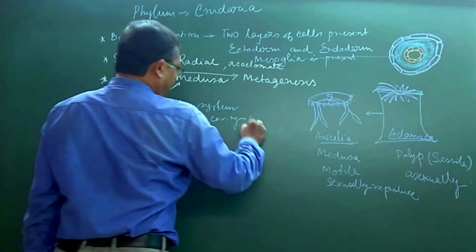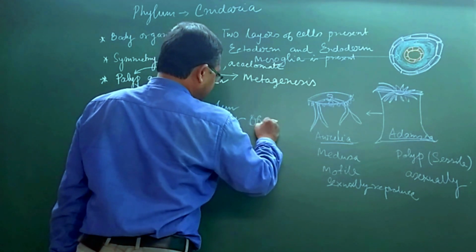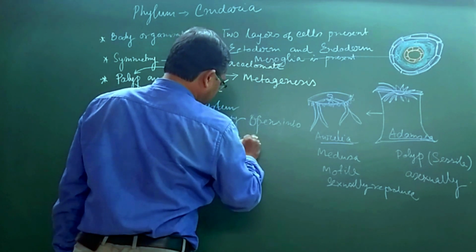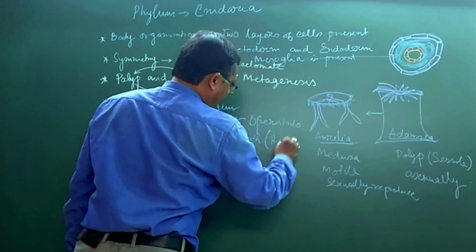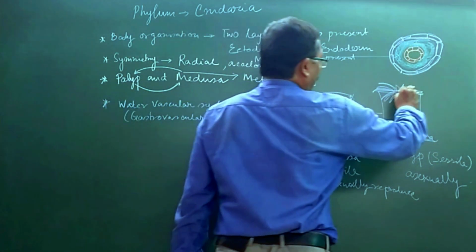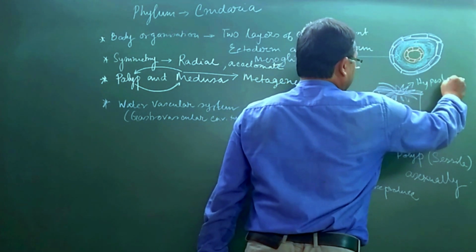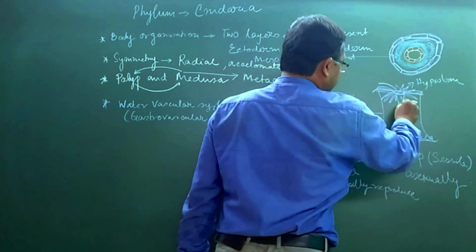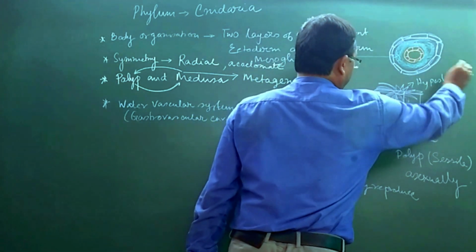This is the mouth, which opens into the gastrovascular cavity. The mouth is called the hypostome. The central body cavity is called the gastrovascular cavity.